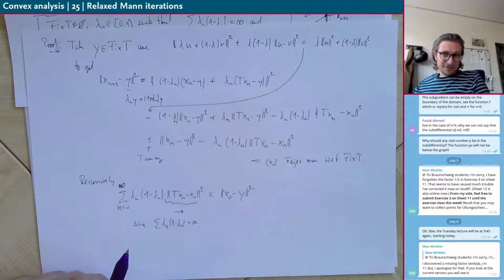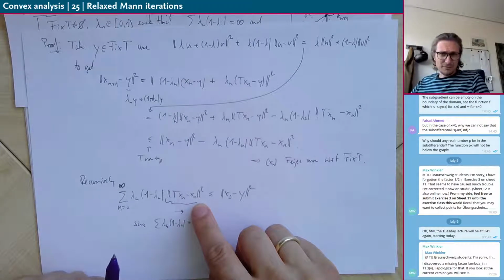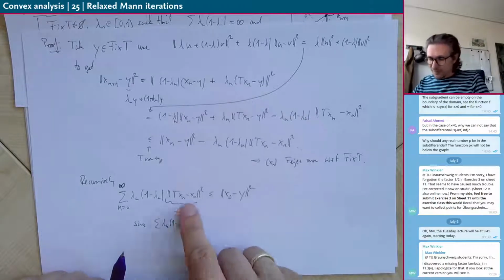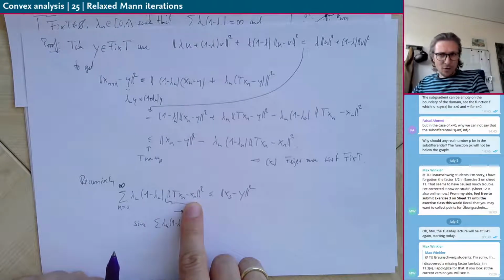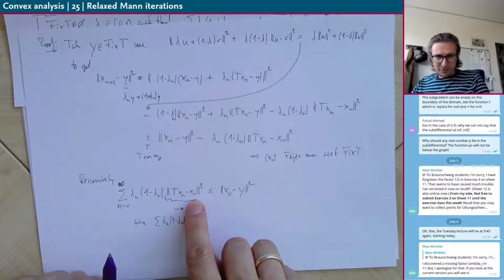What does that tell us? They can't all be large. Some may be large, so every second or every third, or many of them may be large, but not all of them. Otherwise, if they were bounded from below, away from 0, this would not be true. So they can't be bounded from below, away from 0. So there has to be a subsequence of these terms which converges to 0.